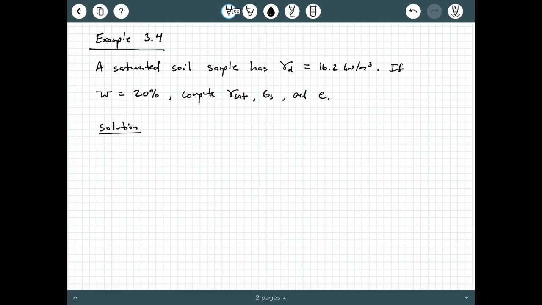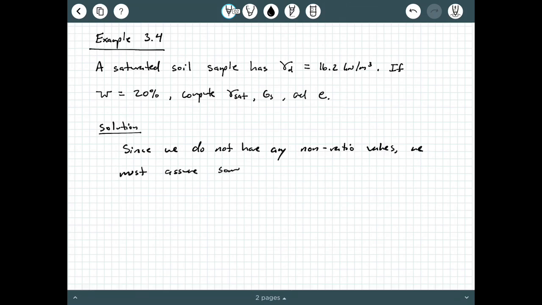And the first thing we need to note is we are not given any non-ratio values. So I'm going to say, since we do not have any non-ratio values, we must assume something is 1, okay?